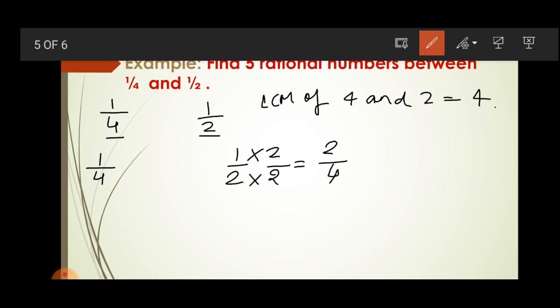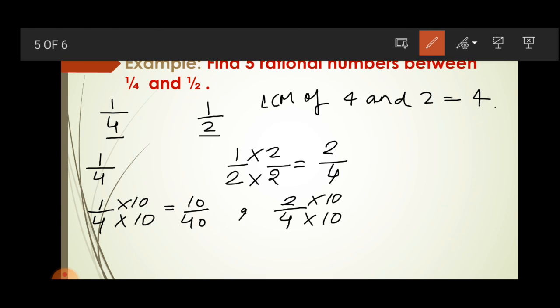Now multiply the numerator and denominator of 1 by 4 and 2 by 4 by a multiple of 10. Here I am multiplying by 10. So on multiplying 1 by 4 by 10 we get 10 by 40. And 2 into 10 is 20, 4 into 10 is 40.